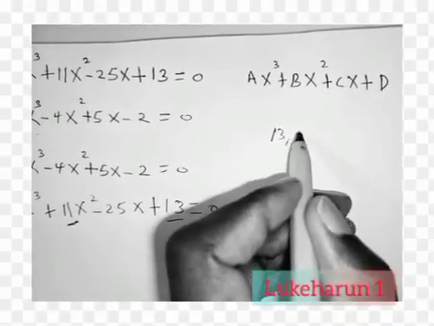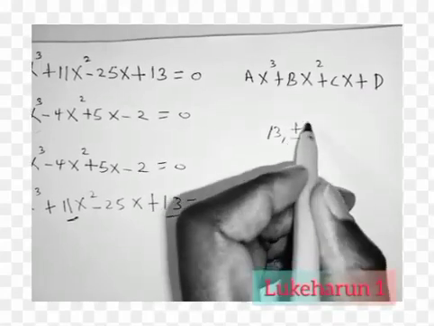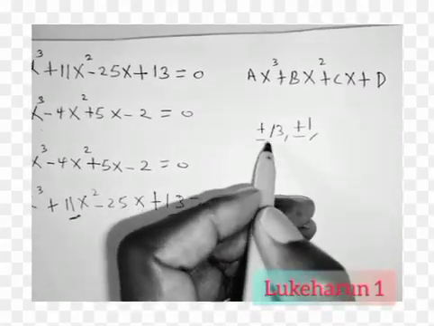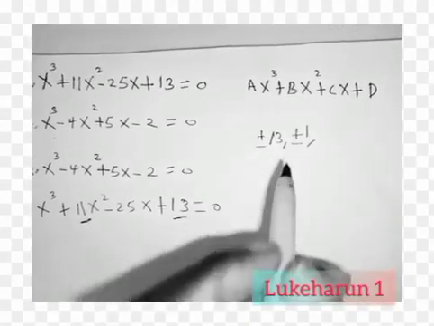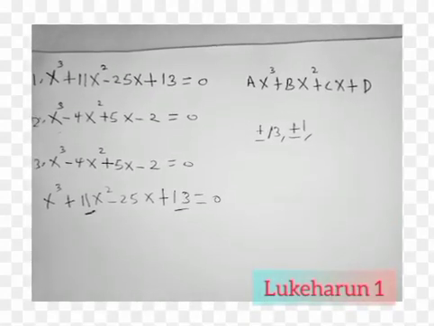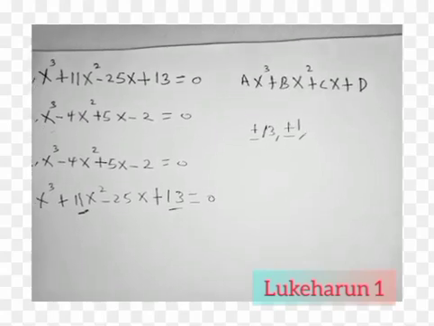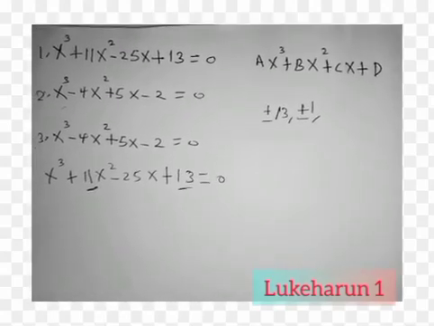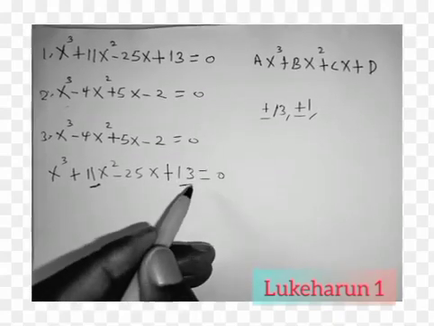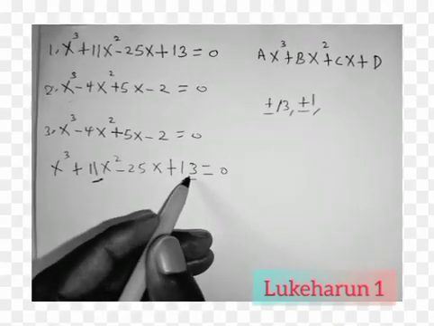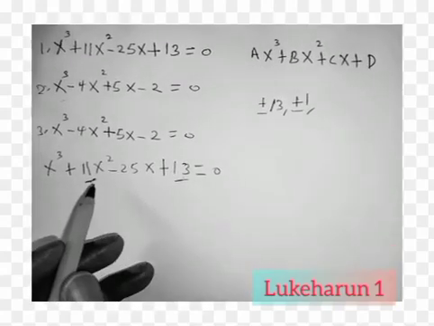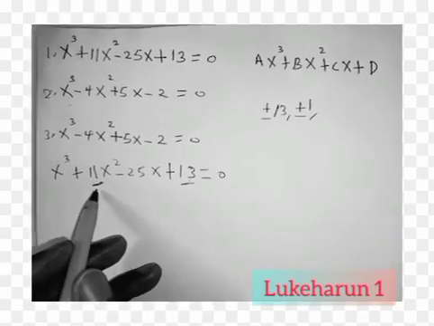The factors of 13 are plus or minus 1, and of course plus or minus 13. Those are the possible factors of 13. So you ask yourself, what are 3 numbers which you multiply to get 13, and when you add them you get 11.